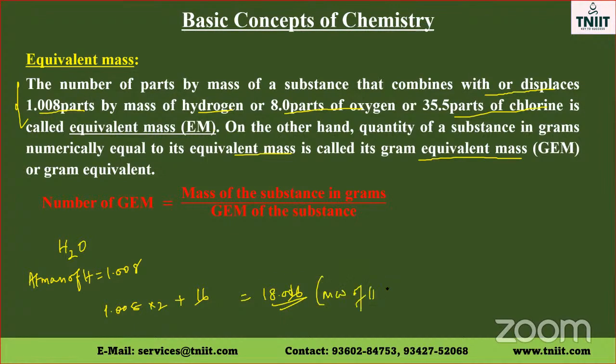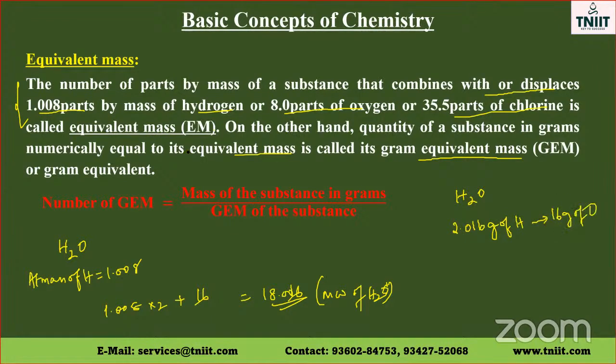This is the molecular mass of water. Now we are not talking about the molecular mass, we're talking about equivalent mass. From the molecular formula H2O, we understand that 2.016 grams of hydrogen combines with 16 grams of oxygen.